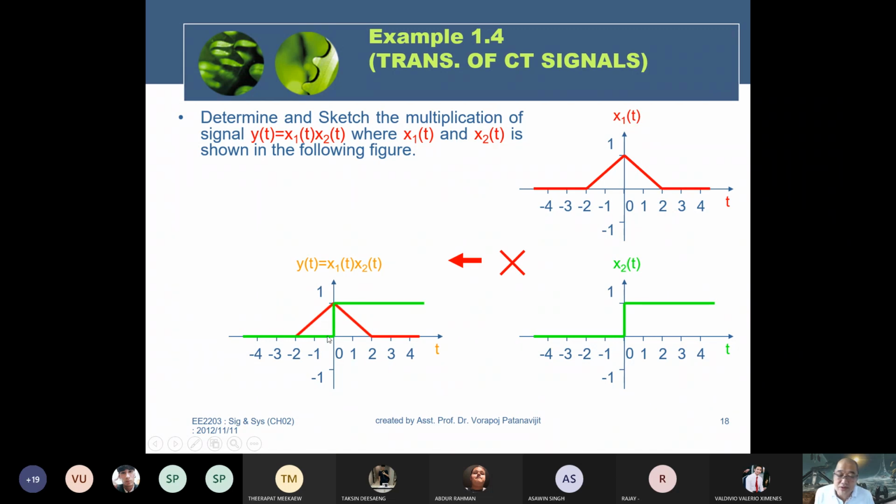For time greater than 0, the green equals 1, and 1 multiplied by anything gives that thing. Therefore, it gives you the original red graph for the right-hand side, but for the left-hand side, everything goes to 0. This is an example of the graphical multiplication technique.